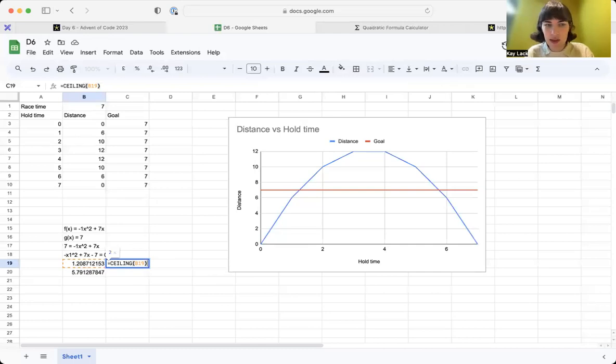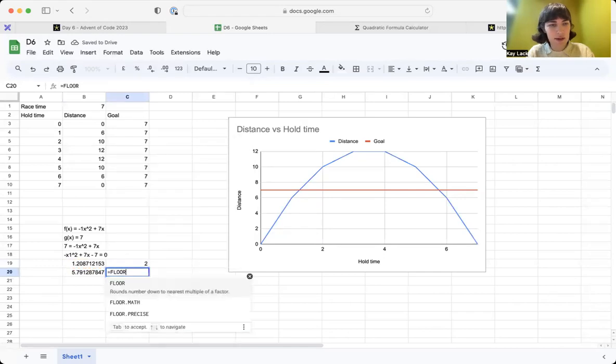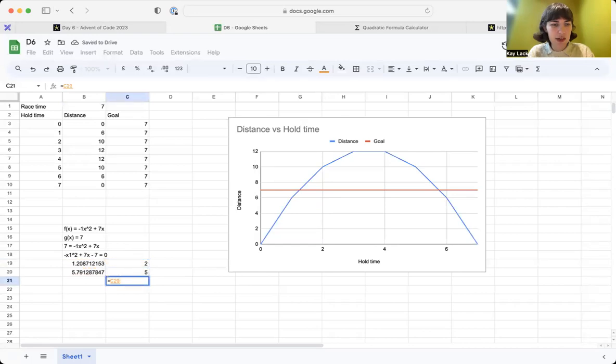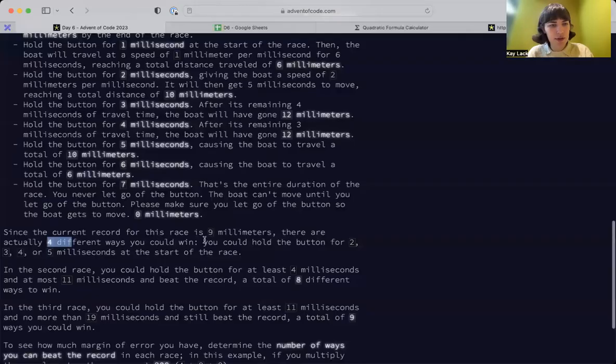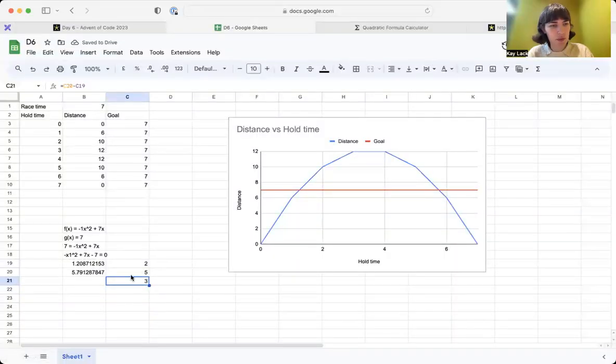And the floor of this, subtracted from each other, getting 3. Now, there are 4 different ways to win. So that is the number 2, the number 3, the number 4, the number 5.